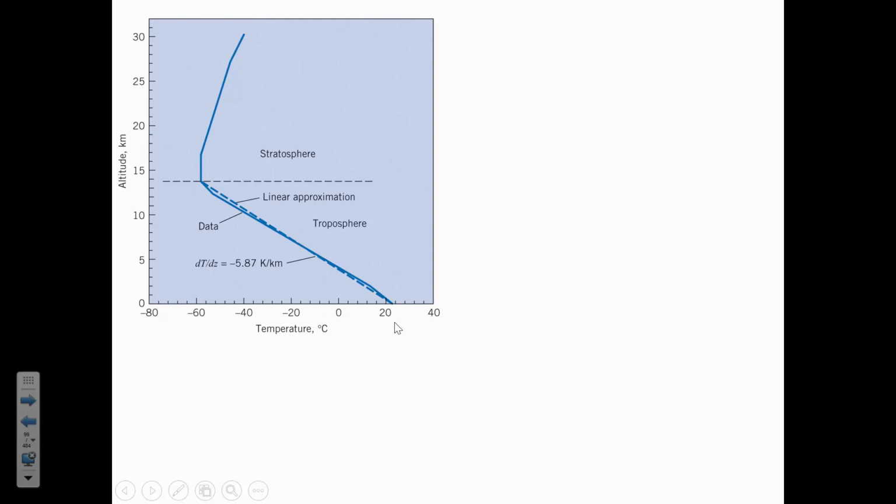Now the reason for that is that as we go up through the atmosphere, both the temperature and the pressure are decreasing. And that decreasing temperature and pressure, they're related. The temperature is decreasing because the pressure is decreasing.